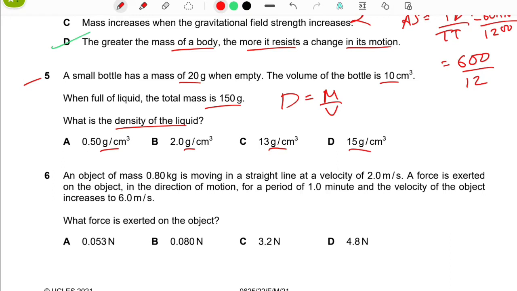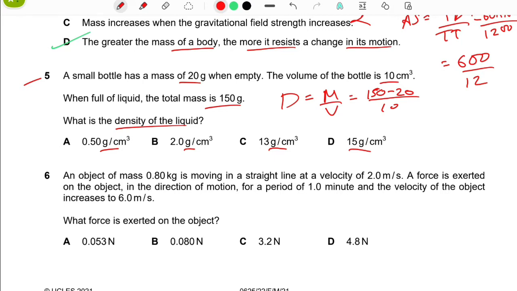So the mass of the liquid will be 150 minus 20. I hope I don't have to explain this because the mass of the bottle is already 20 gram, and when we pour the liquid in it, the mass of the overall bottle becomes 150 gram. So we subtract the mass of the bottle from the overall mass to get the mass of the liquid itself.